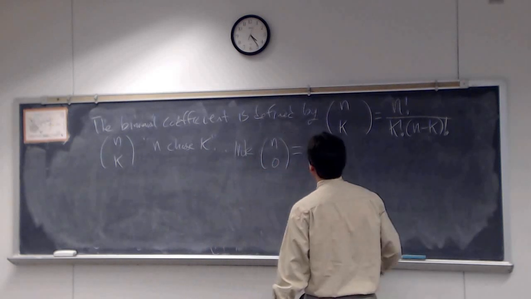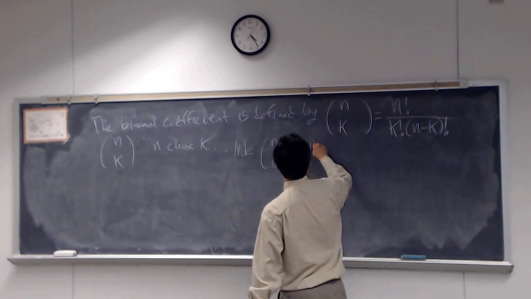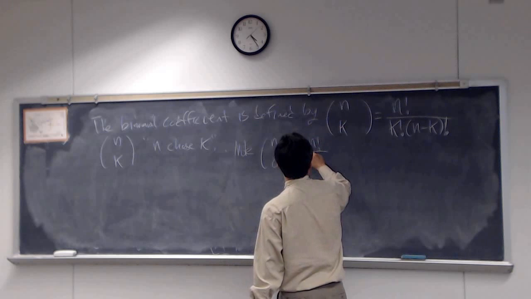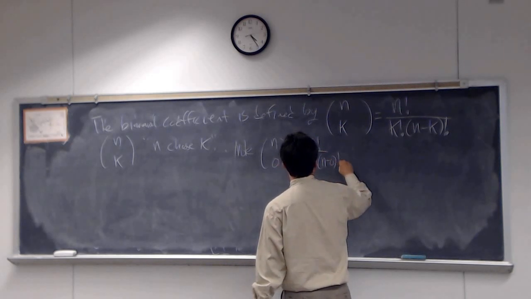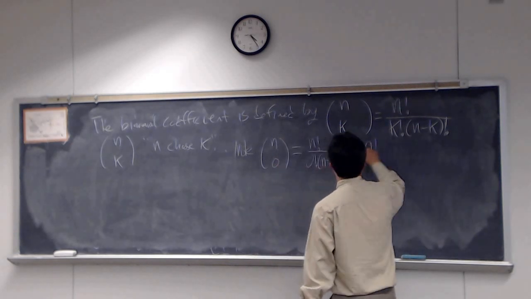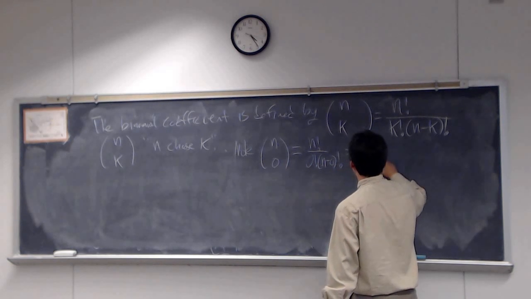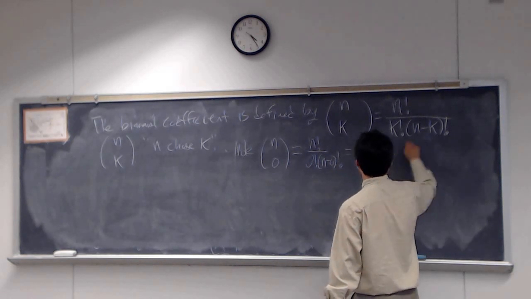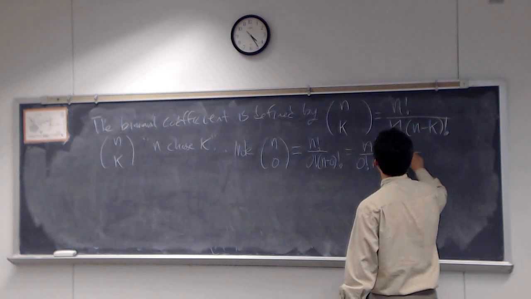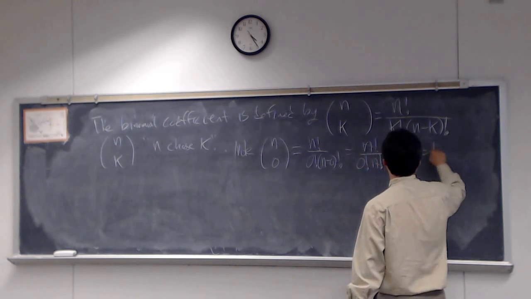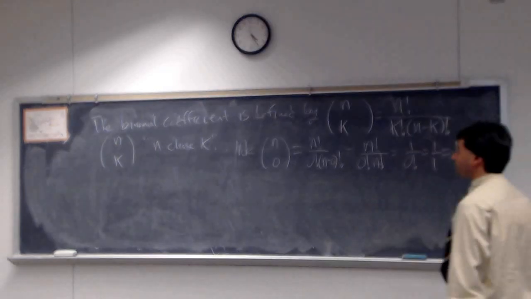Just n, 0, n choose 0, what would that be? It's n factorial over 0 factorial times n minus 0 factorial. So n factorial over 0 factorial times n factorial. These cancel, so it's just 1 over 0 factorial, or 1.